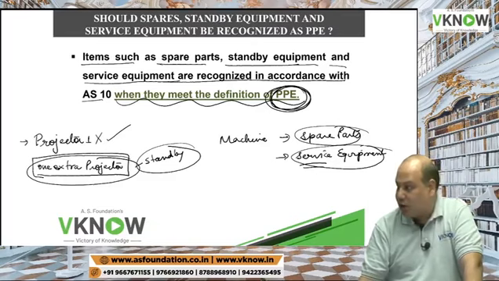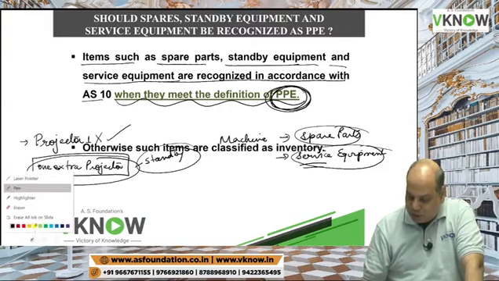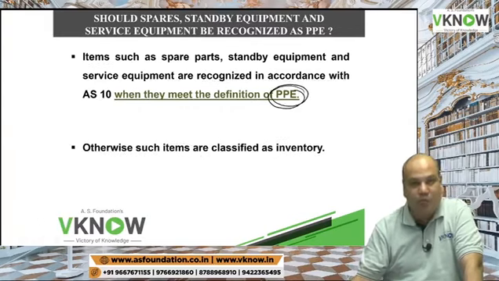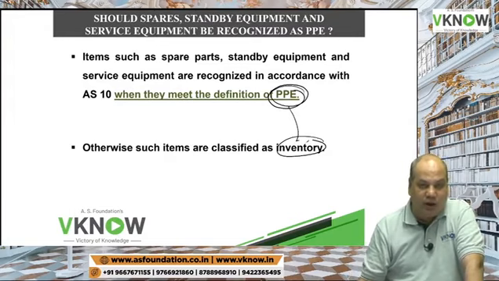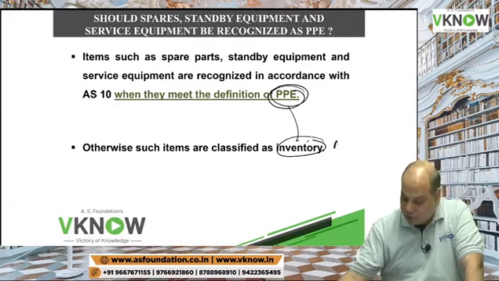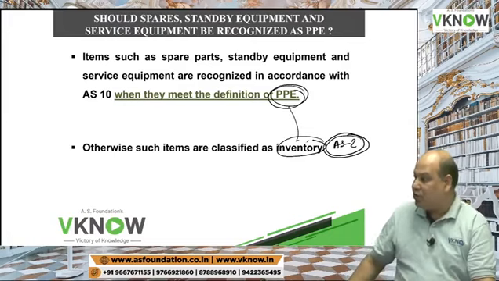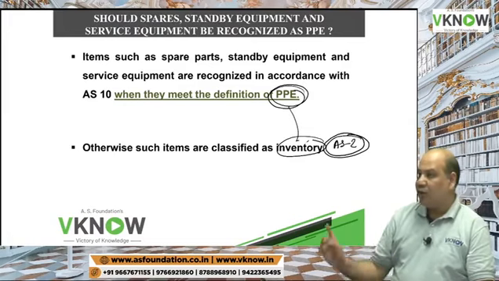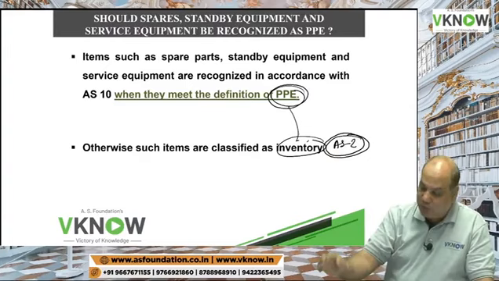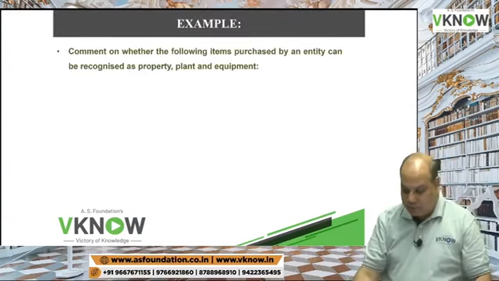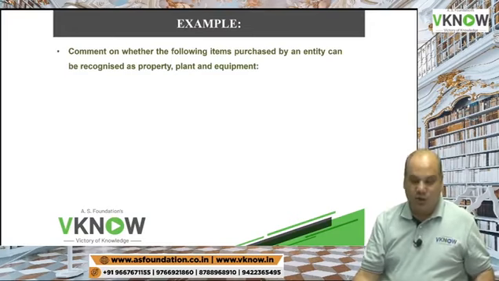Then they will be capitalized as PPE item in the balance sheet. But if they do not meet the definition of PPE, then such spare part standby equipment will be treated as inventory, AS2. If you go to AS2 today's homework, you will find it was mentioned there also. If spare part meet the definition of PPE, apply AS10. If spare parts do not meet the definition of PPE, then do not apply AS10, apply inventory chapter.